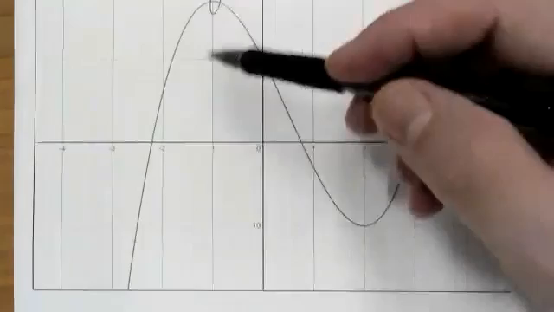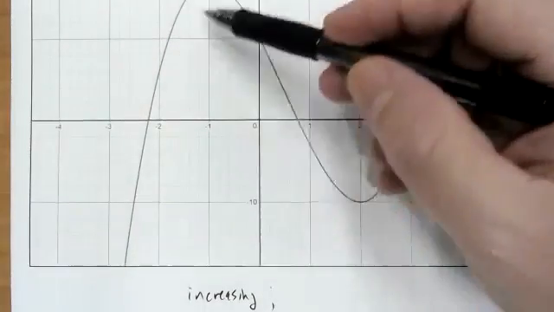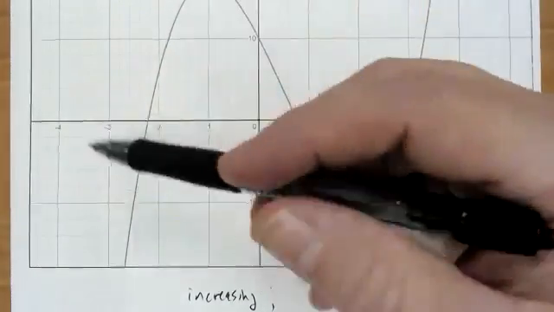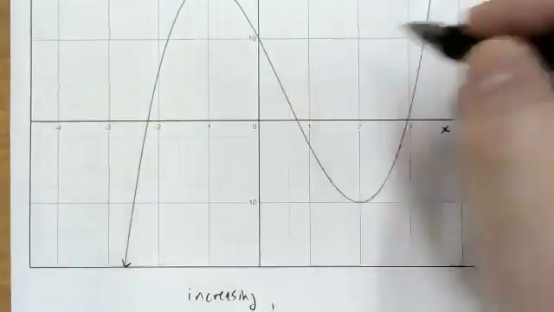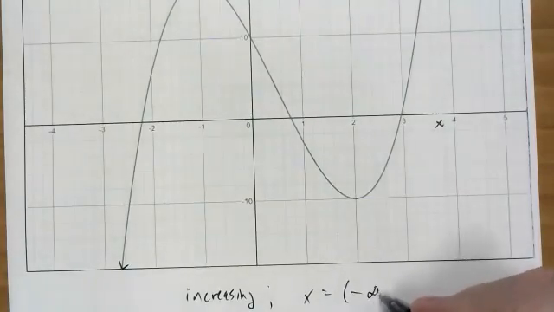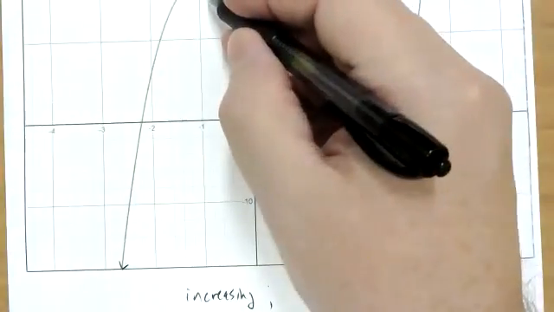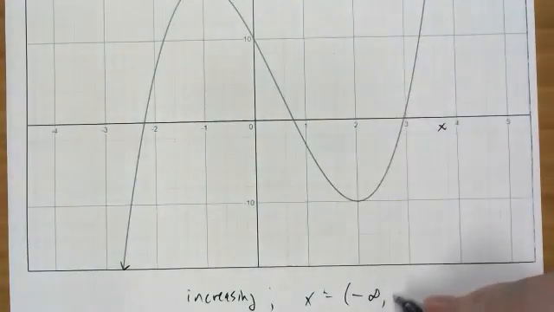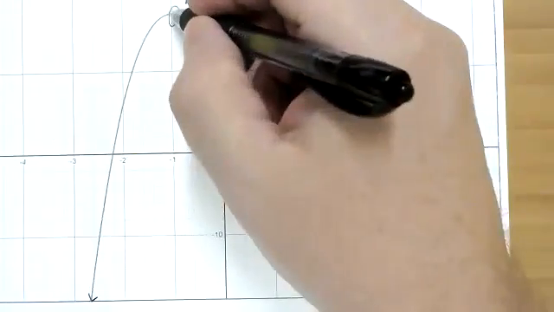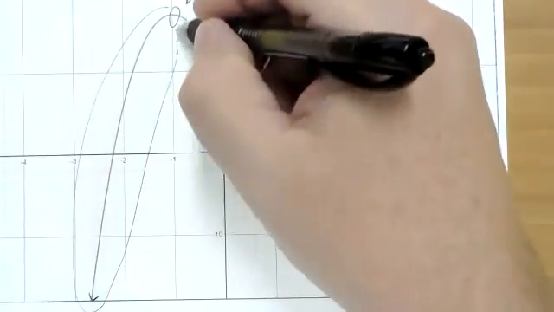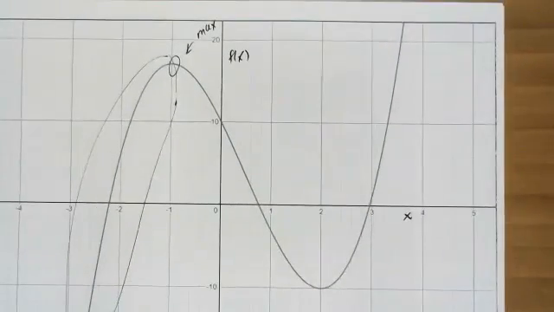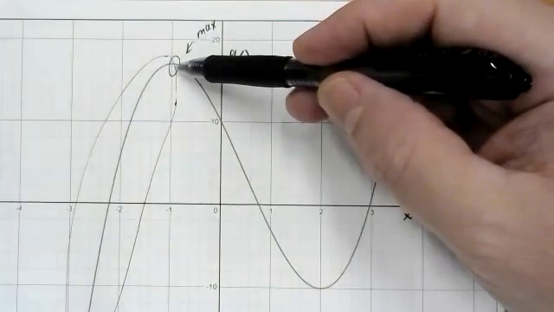So let me just write down as I go. From here to here, the function was increasing. And of course, this goes on forever and ever. So x from negative infinity to -1, that's this part right there. So what happens as we keep moving to the right?